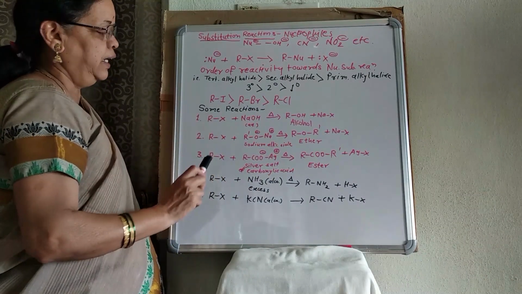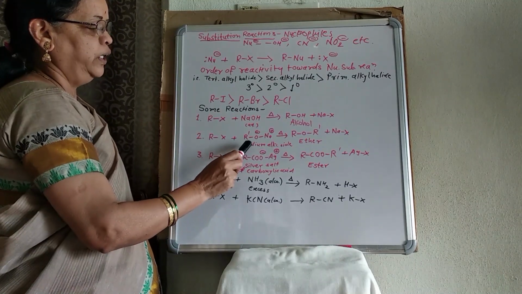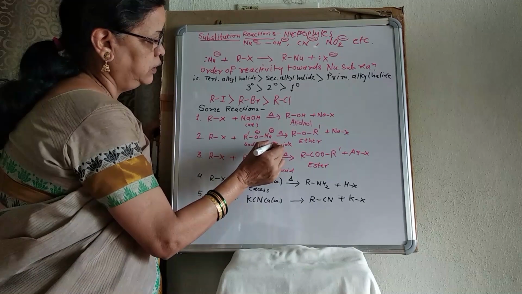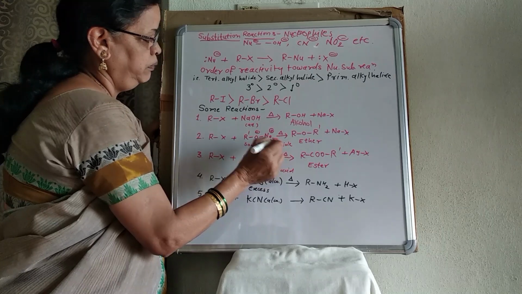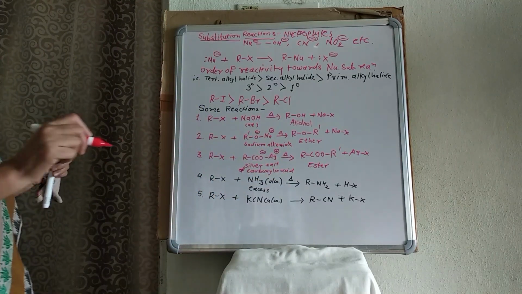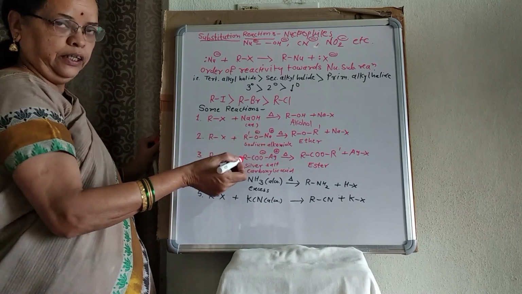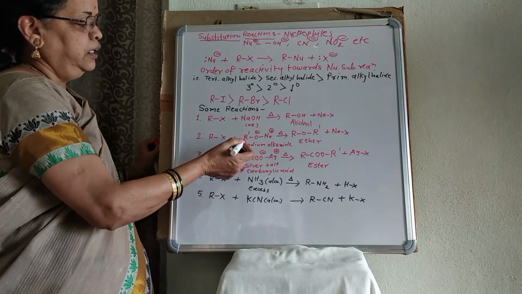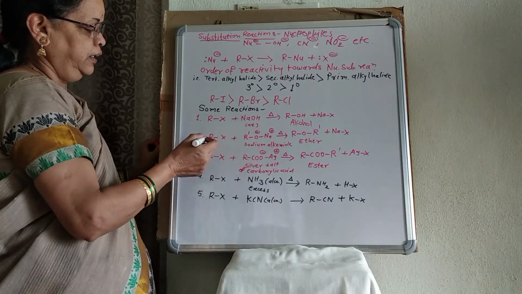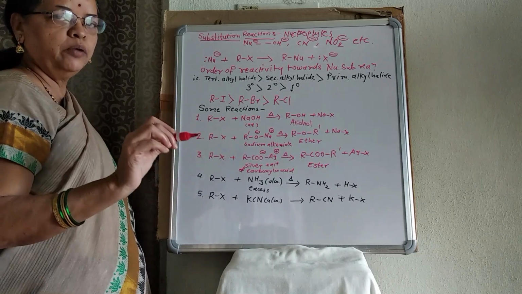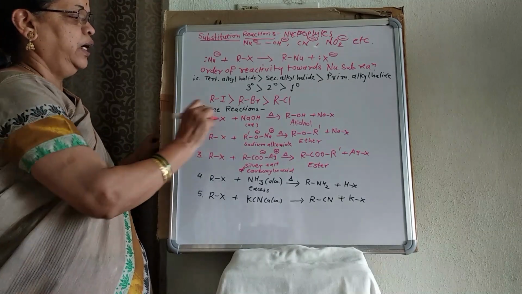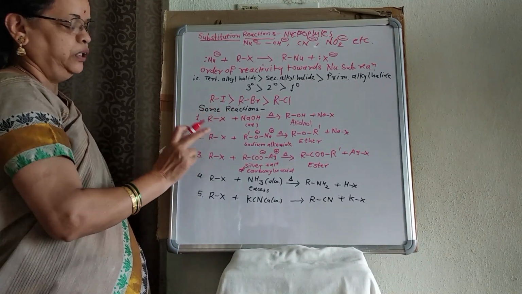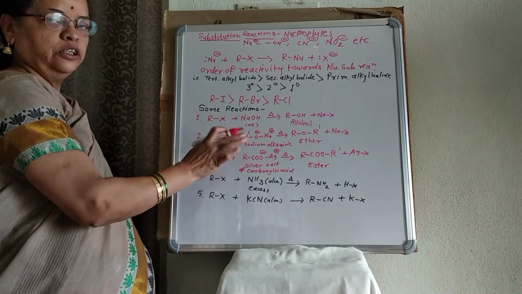A simple substitution reaction. Another reagent we are taking is sodium alkoxide. What is it? From an alcohol, H is replaced by the metal, that is Na plus. So here the ionic compound is R'ONa. R and R' may be the same or different depending upon the example. You can take your own example and complete the reaction yourself, for example a methyl or ethyl group.